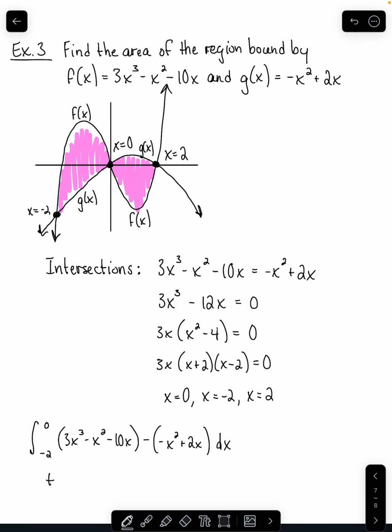And then separately, we have to find the area from 0 to 2, this time with the quadratic function as the upper function, minus the cubic function as the lower function.